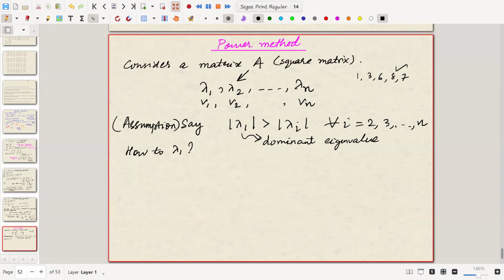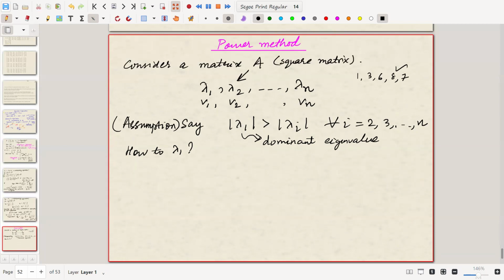See, the power method is a numerical method, right? So always at the start of a numerical method, what do we ask? Yes, we ask for an initial guess. So here also we will ask for an initial guess.